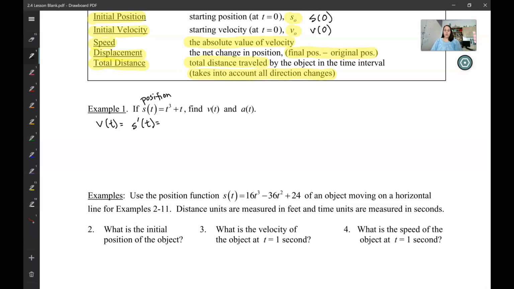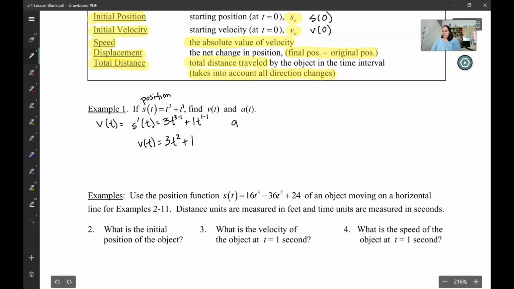I have a shortcut: the exponent goes in front, and then I minus 1. So if I simplify that, our velocity equation is going to be 3t squared plus 1, because this will be t to the 0, which is just 1.